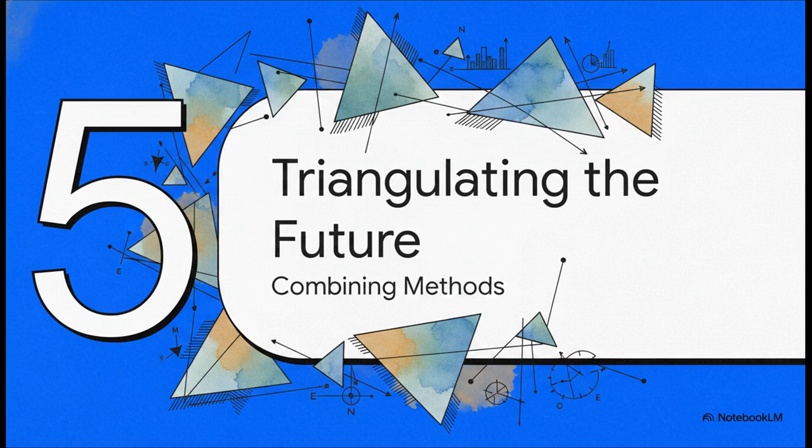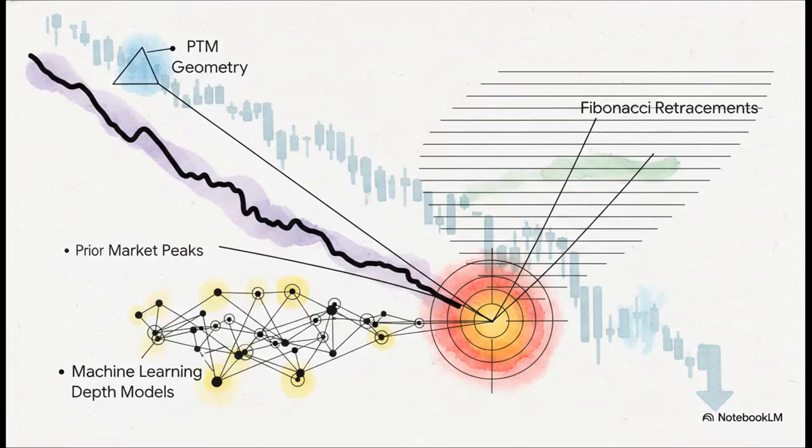The key is to see if multiple independent methods all start pointing to the same general area. This is exactly what analysts call finding convergence. You're basically looking for a cluster of evidence. Do the PTM projections line up with classic tools, like Fibonacci retracements? Do they line up with major market peaks from the past that might act as a support level? Do they jive with what some machine learning models are predicting?